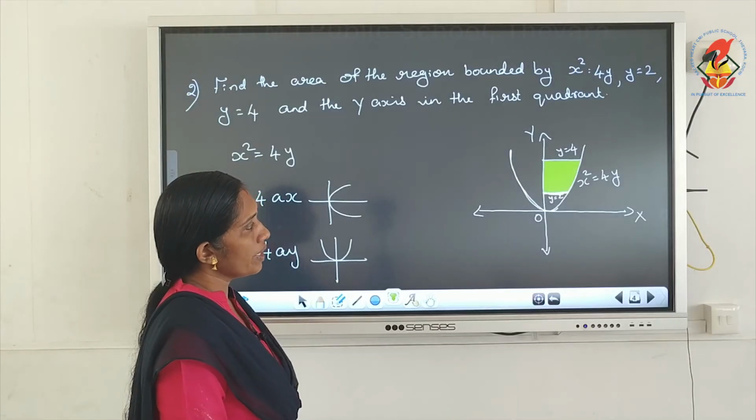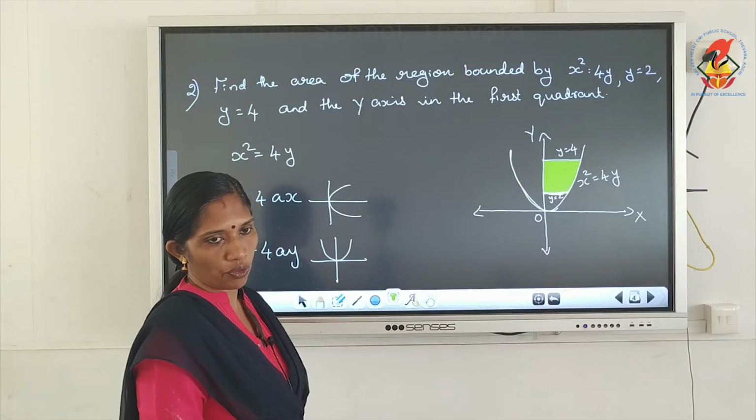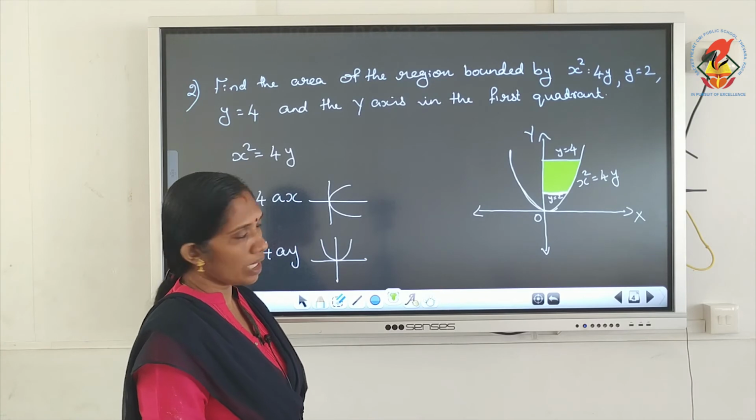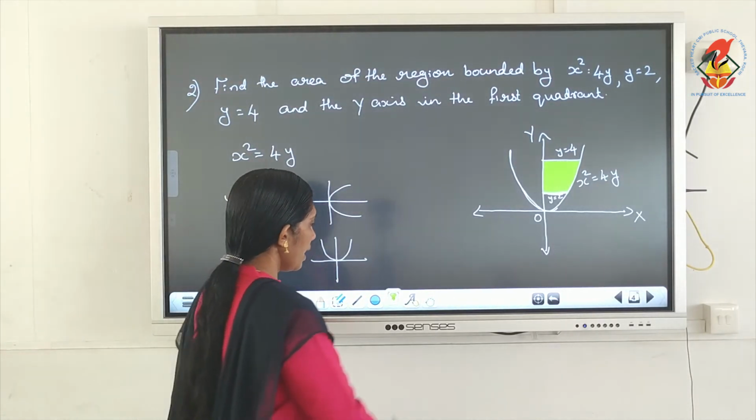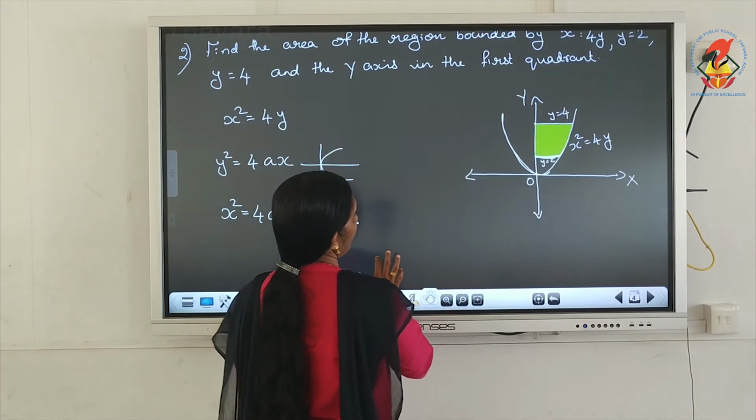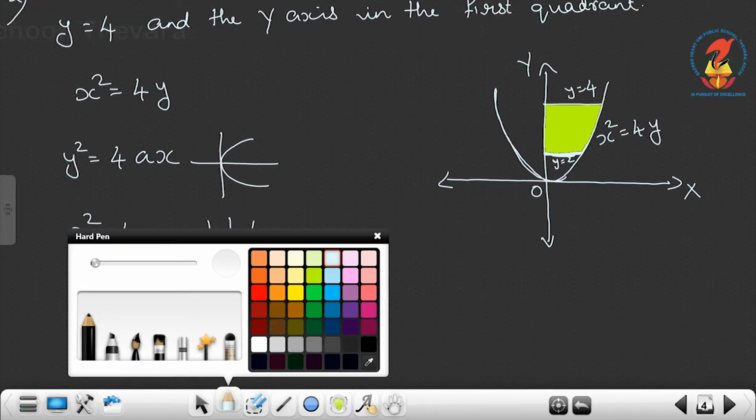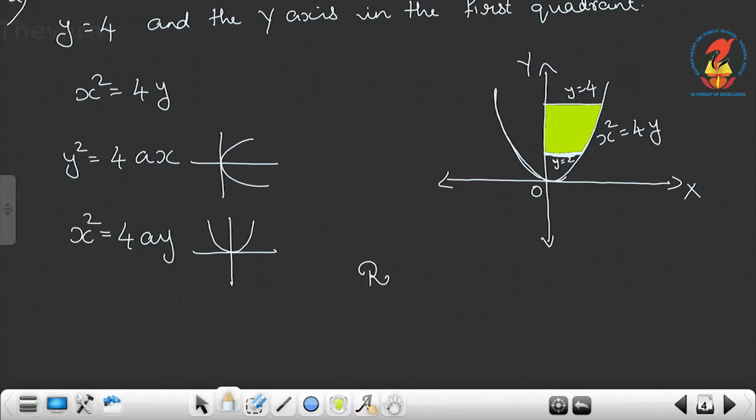Now here y is equal to 2, y is equal to 4. Y value is given. Okay, so we can integrate with respect to y. So integral from where to where? Required area is equal to, here, this A I can write coordinates as (0, 2), B as (0, 4).